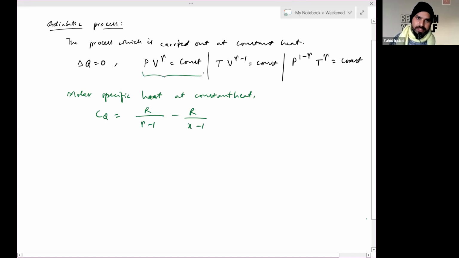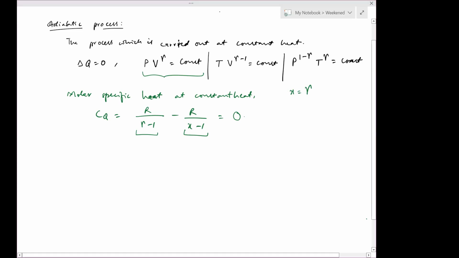Just see this particular expression. We have V to the power gamma. So the value of X related to this will be gamma. If you put the value of X to be gamma, this expression and this expression will be equivalent to each other. So the difference of these two terms will give you 0. So molar specific heat at constant heat will be 0. Is it clear?